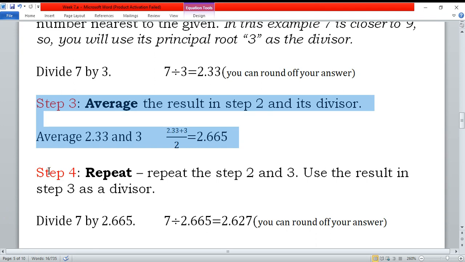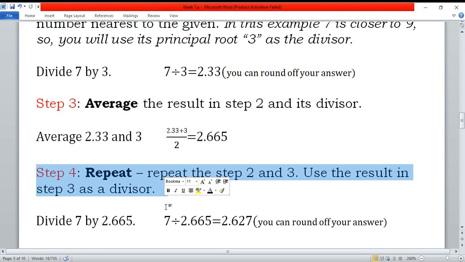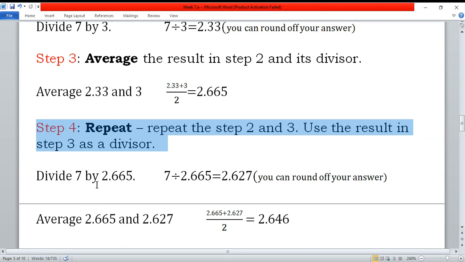Next is step 4. Ang step 4 natin, sabi dito, is to repeat the step 2 and 3. Use the result in step 3 as the divisor. Okay, so ito naman, ang radicand natin ay i-divide natin sa divisor. Okay? Sa result na nakuha natin sa step 3.